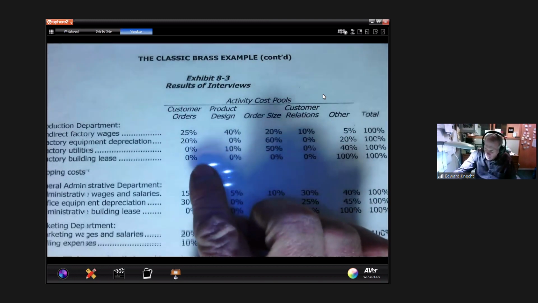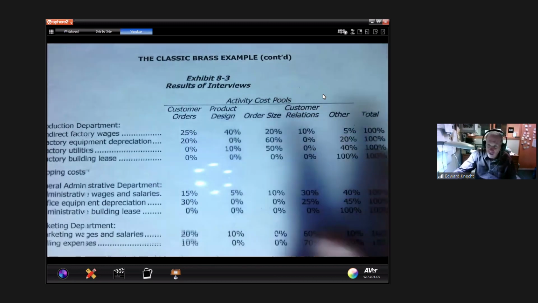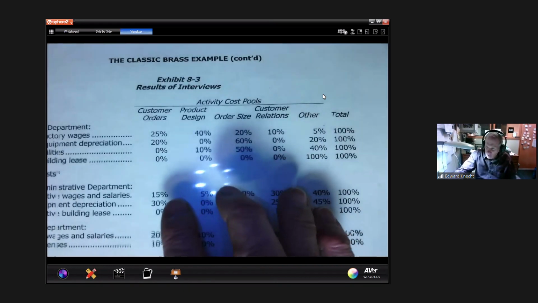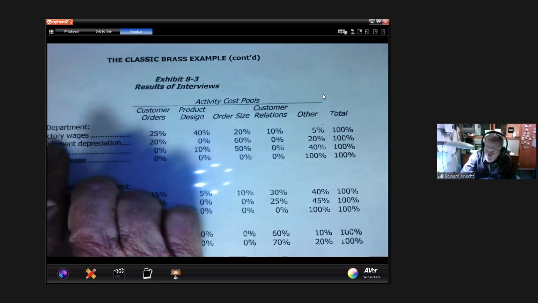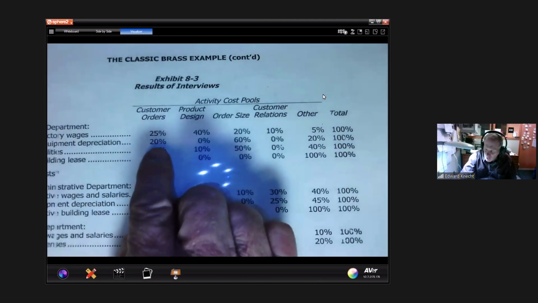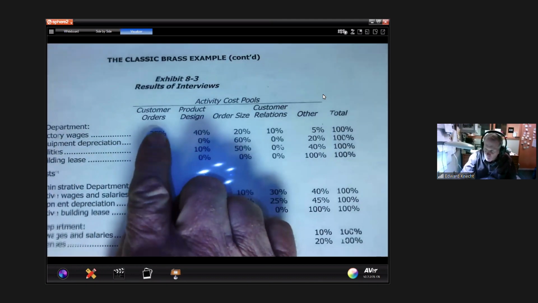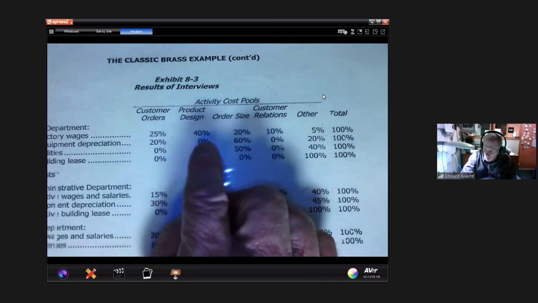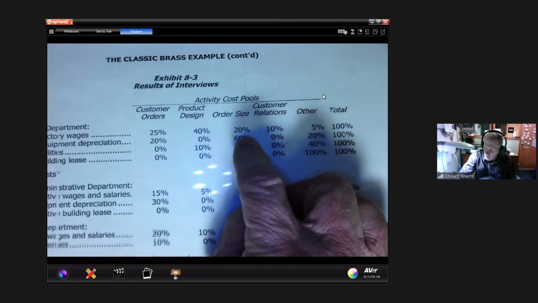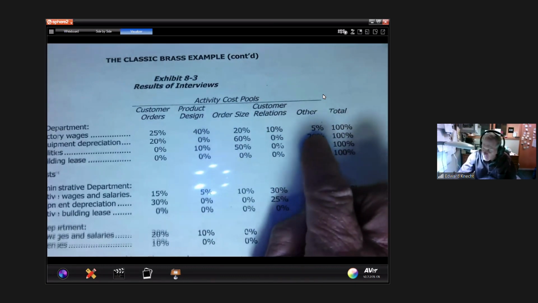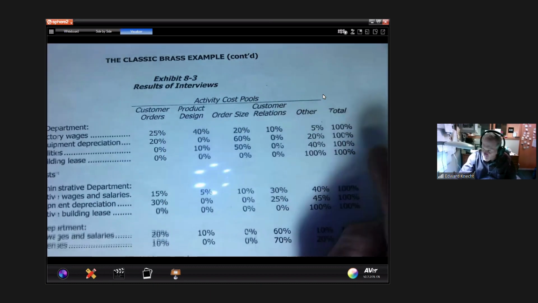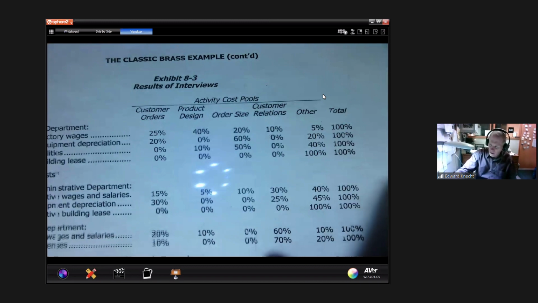This adds across to 100%, but coming down the customer orders column, the customer orders cost pool is going to get that share of indirect factory wages. Product design is going to get 40%, 20% for order size, customer relations 10, and other. That activity will not be determined because we're just going to expense it off, but it accounts for 100% of how the cost is going to be allocated.